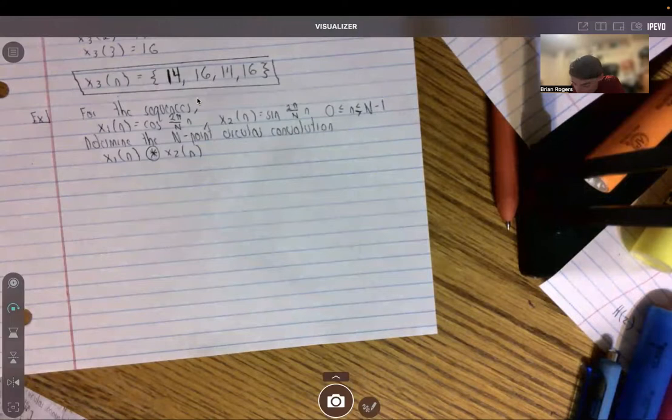And what we need to do from this is write our cosine and our sine terms, our x1 and our x2, in terms of exponentials.